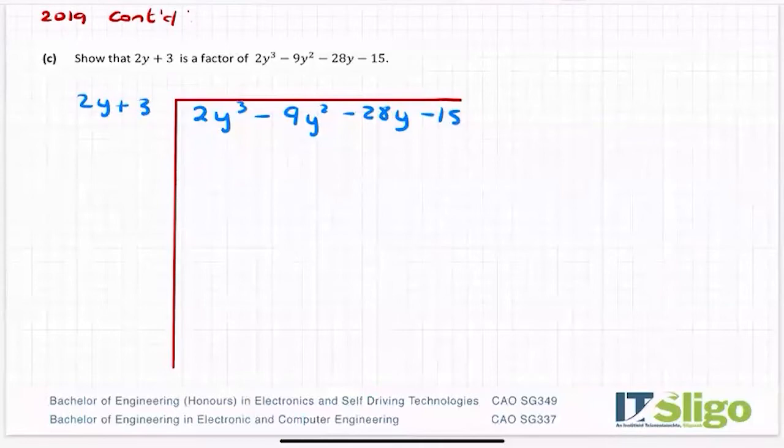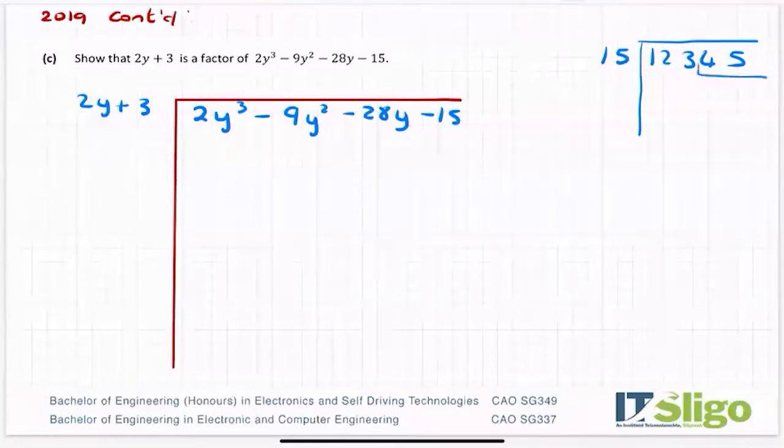Just like any other algebra with numbers, if you remember this, you would have done it in national school. You would have done 15 into 1 doesn't go, 15 into 12 doesn't go, 15 into 123 does go. So we'd ignore the 45 for now.